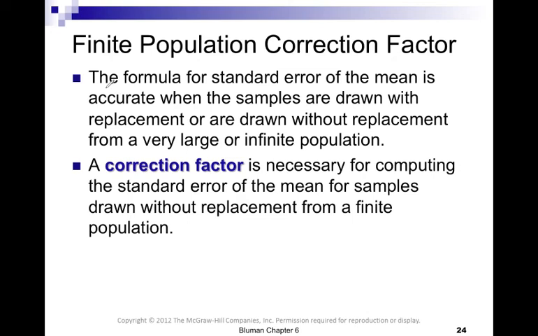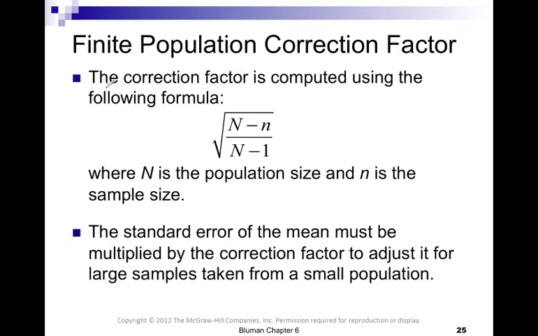And the correction factor looks like this. N is the population size. It'll be given. So, if I said my population was 100 and my sample size was 40, then you would calculate this overall would be the square root of 100 minus 40 over 100 minus 1.